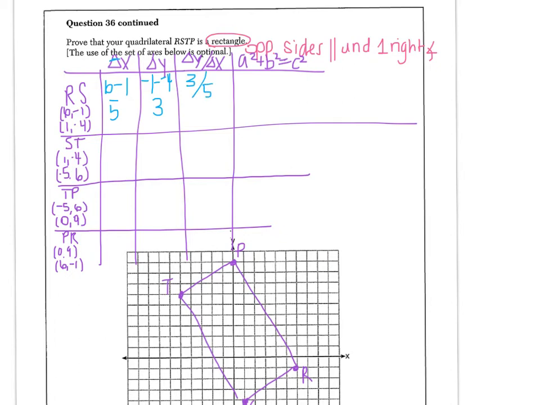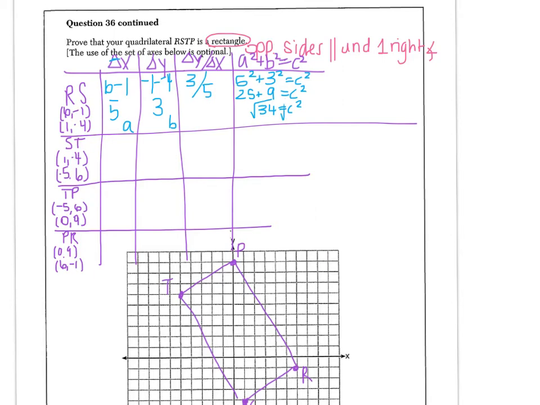Now in order to plug into the Pythagorean theorem, the change x becomes your a, the change y becomes your b, and you're looking for c. 5 squared plus 3 squared equals c squared. 5 squared is 25. 3 squared is 9 equals c squared. 34 equals c squared.